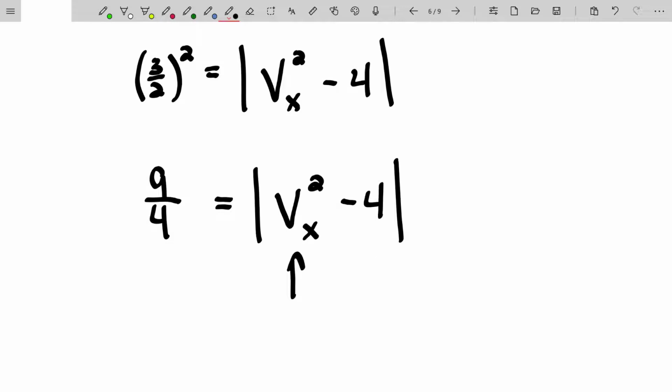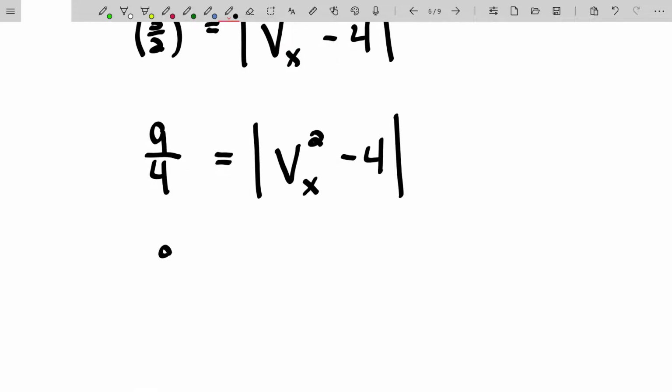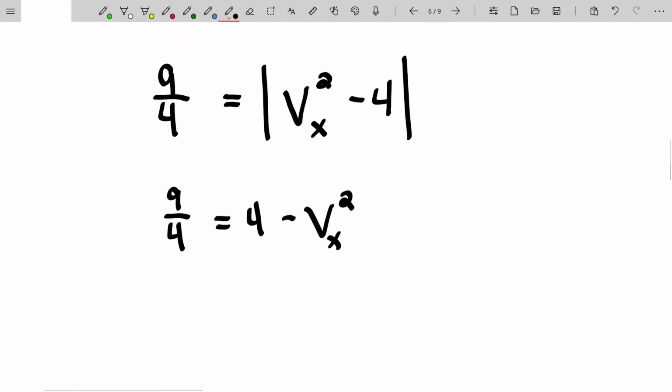To make that positive, I could write it this way, and I don't need the absolute values. That is true because, again, v sub y is greater than v sub x. When you want that difference to be positive, you just switch the order there. I will now subtract 9/4 from both sides and add v sub x squared to both sides. That's, what is that, 7/4?